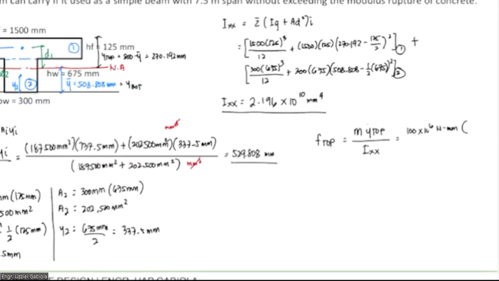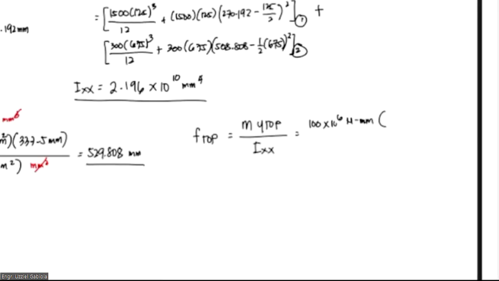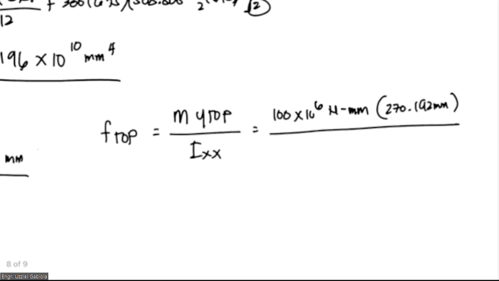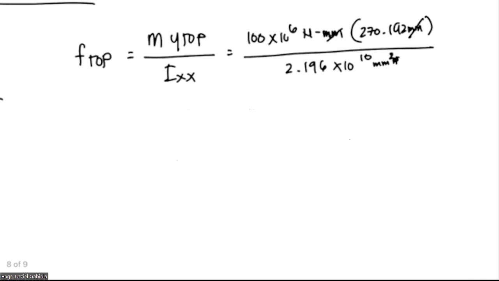And for top, we have 270.192 all over 2.196 times 10 to the 10 mm to the 4th. Okay, so what will be our unit? Mm will be cancelled out, so there will be a 2 that will remain on the bottom. That is Newton per mm squared, or just megapascal.